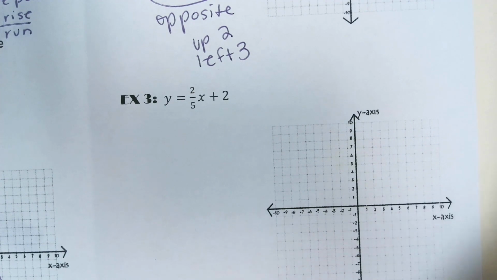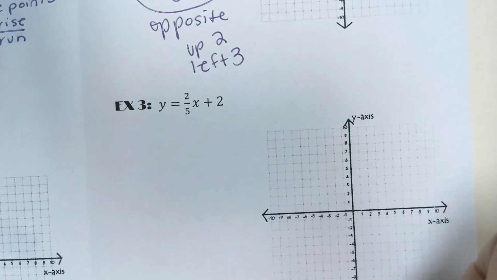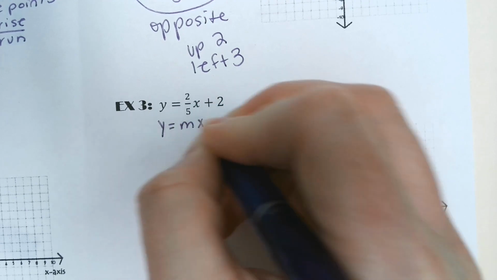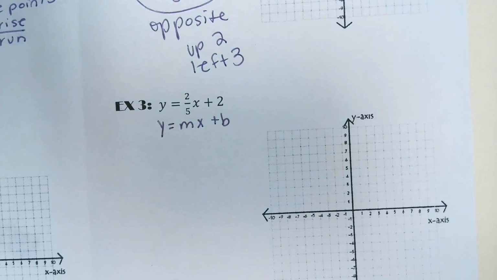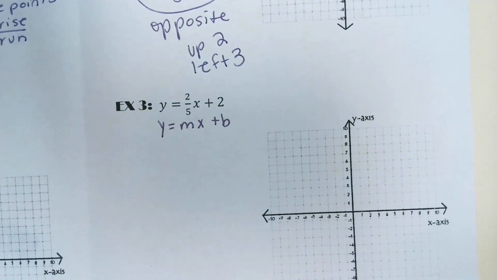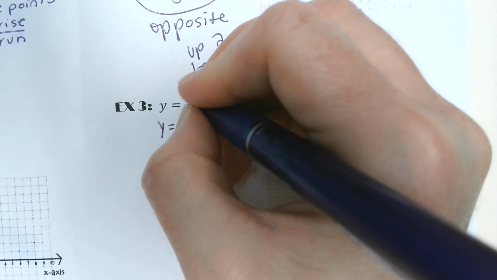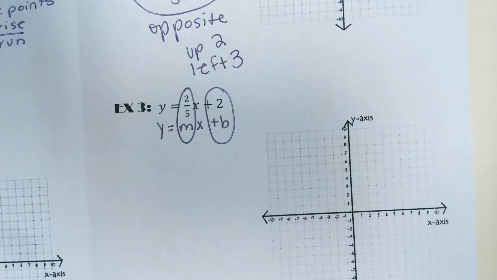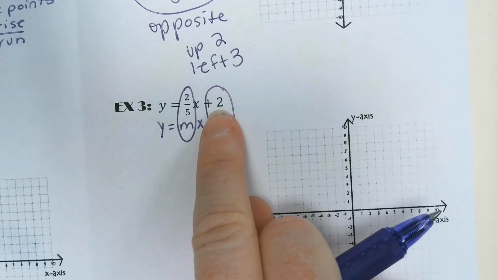Okay, the first step, if you look at the left side, it says y equals mx plus b. So write that underneath. It says circle the slope and the y-intercept. Make sure you keep the sign with the y-intercept.